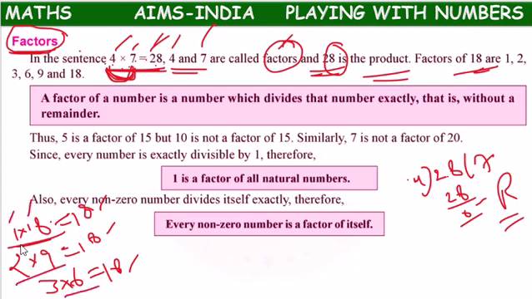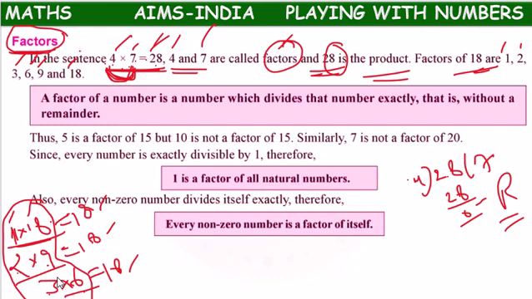Here two numbers, 1 and 18, are involved. Here 2 and 9, here 3 and 6. So if we start from 1, downside 2, downside 3, right side 6, upside 9, upside 18. So this 1, 2, 3, 6, 9, 18, these 6 numbers are involved in the product of 18.